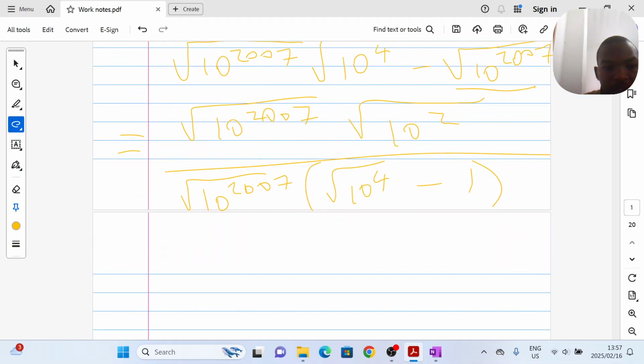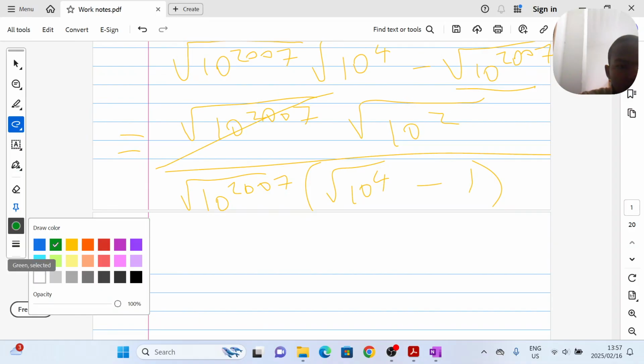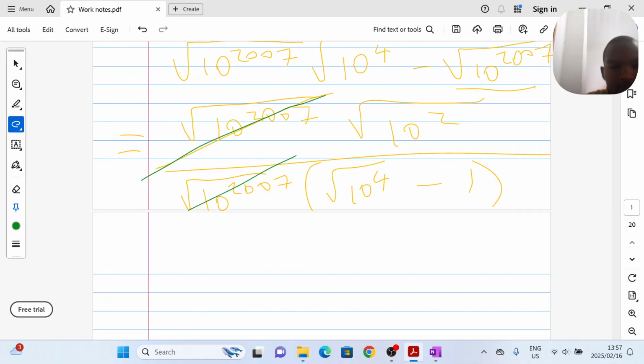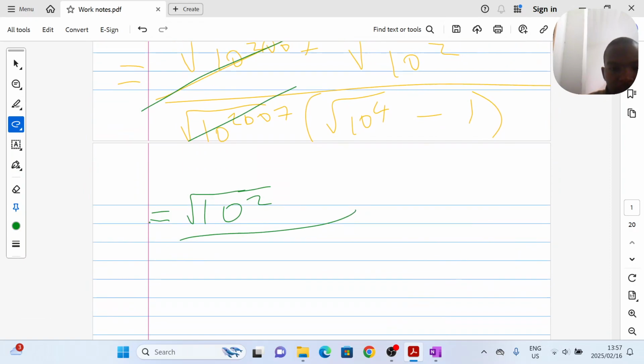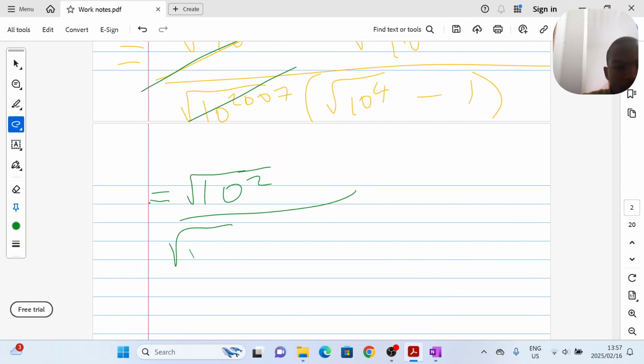Now you can clearly see that we have a common factor here. This and that is common, so we can take it out, and now you are left with 10 to the power 2 divided by the square root of 10 to the power 4 minus 1.